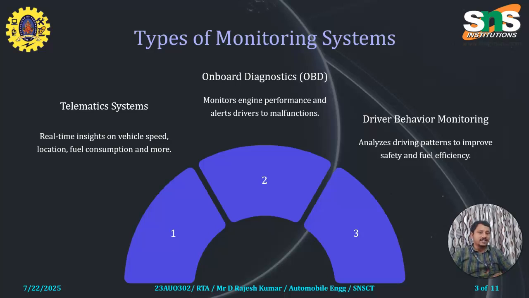As well, if he is driving beyond the speed limit, there is a system which alerts the driver to reduce the speed. These systems monitor and track the vehicle along with the driver and indicate different data on the dashboard. So this is the monitoring system.